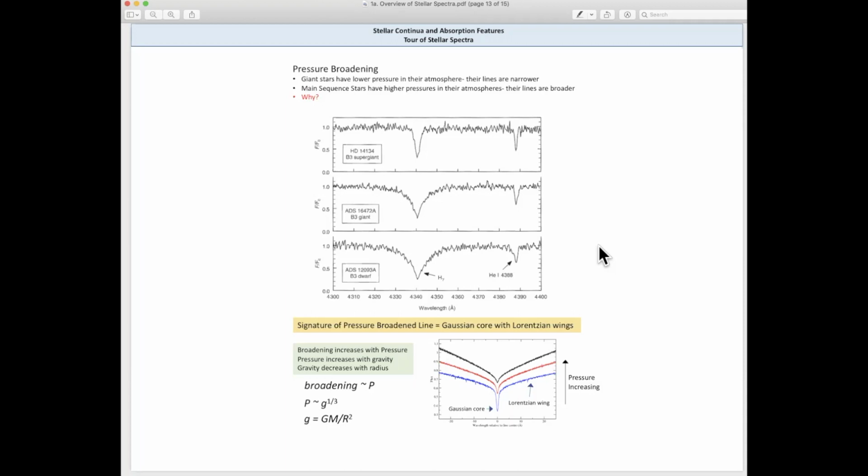The middle one is a B3 giant, so it's also a large star. And the other one is a B3 dwarf. For those who may not be familiar with the nomenclature, historically a dwarf means a main sequence star. So when you hear people saying it's an M dwarf, that means main sequence.